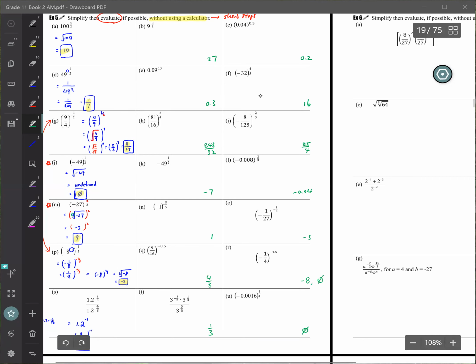Anyone else want to add? I have a different one for you. I got -0.2. Negative 0.2, okay. All right, anything else? Okay, so you guys agree with everything else? We'll go over it.